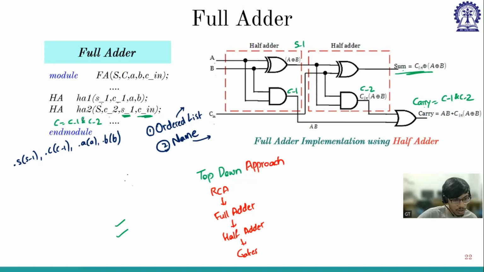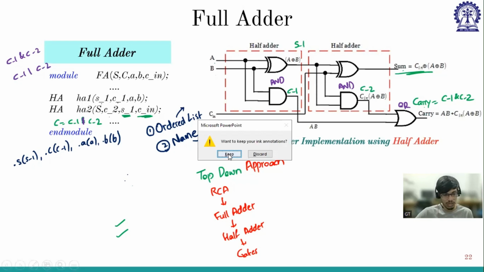This is OR, and this is AND. Thanks for correcting. So the carry is the OR of C1 and C2. This is C1 and C2, and this is C1 or C2. This is not one, this is the vertical line.